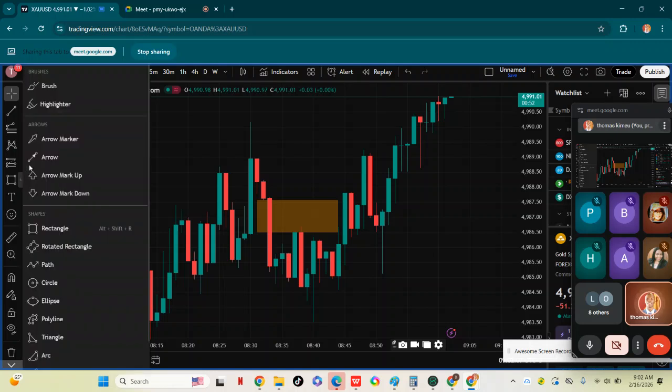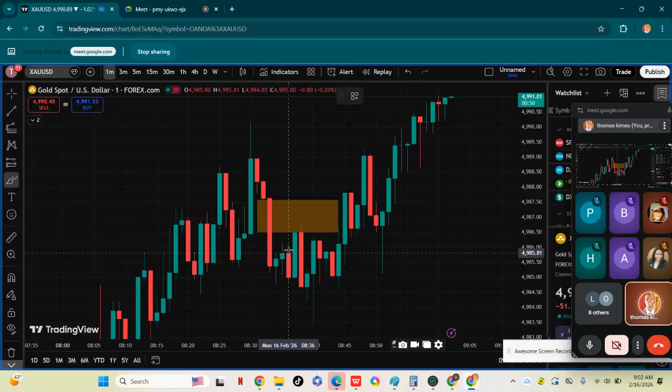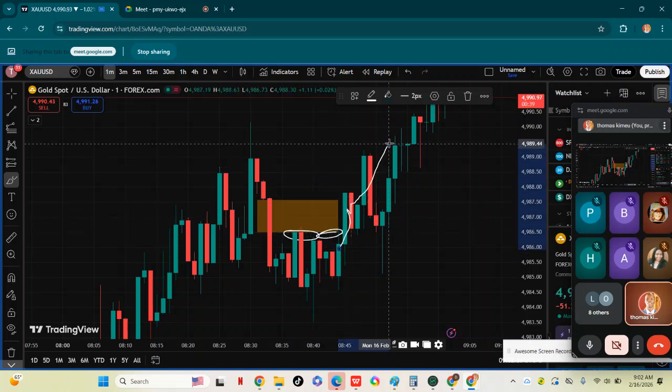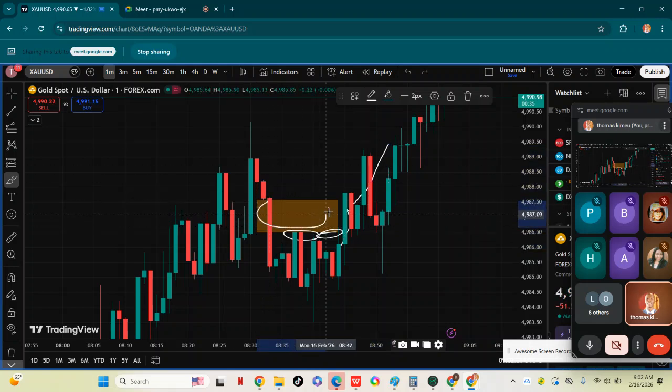How many times has this market been rejected when it hits the fair value gap? Then this one came and corrected that imbalance, then it went all the way. So this fair value gap caused these several rejections at this level.